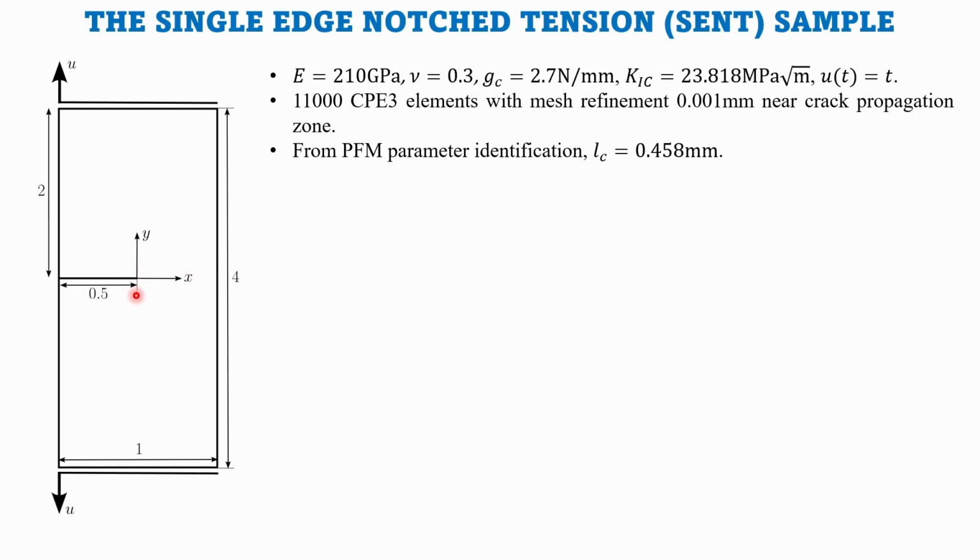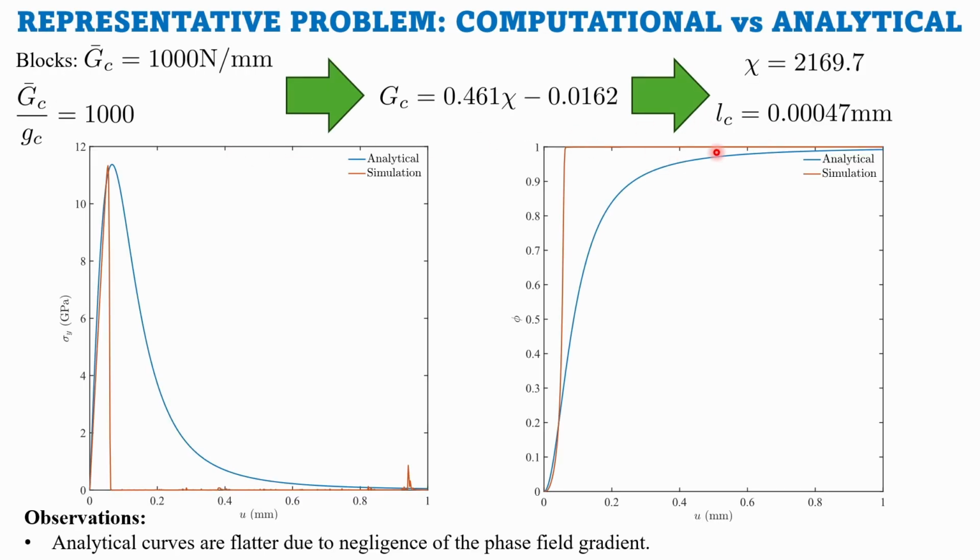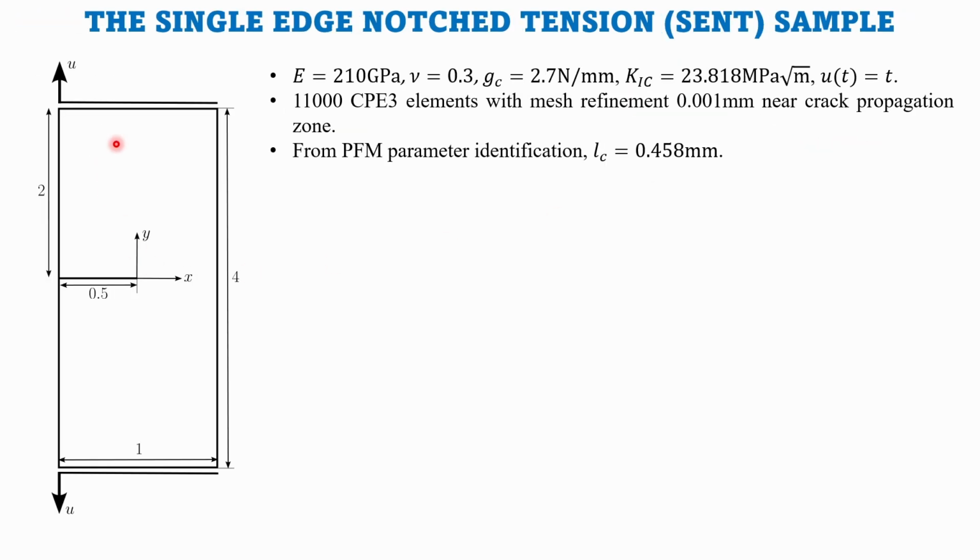We took a region where we used a fine mesh of 0.001 size, and from the phase field model parameter identification, whatever I talked about previously, those chi and GC calculations, we calculate LC to be 0.458 millimeter. For this particular problem, we calculated LC as this.